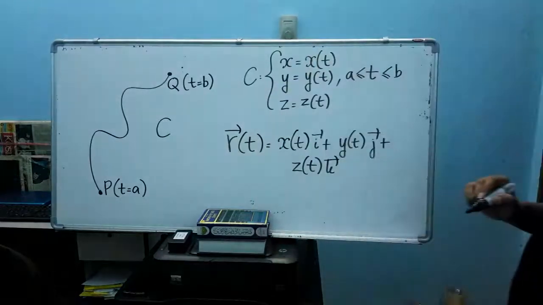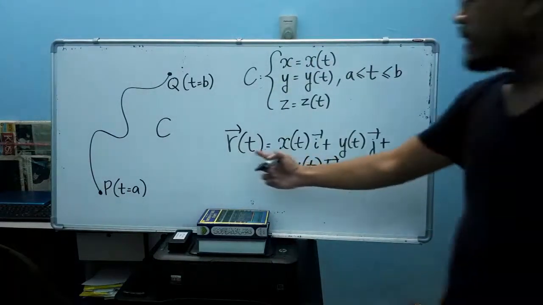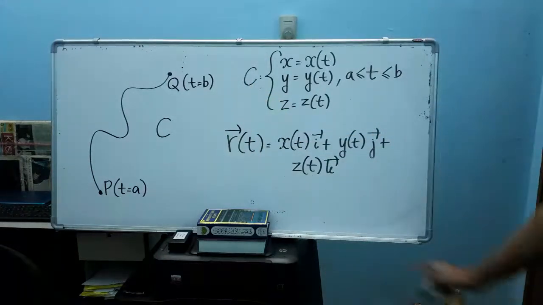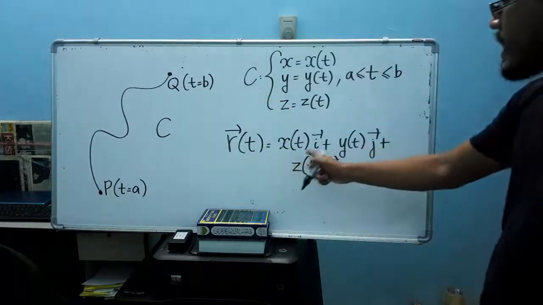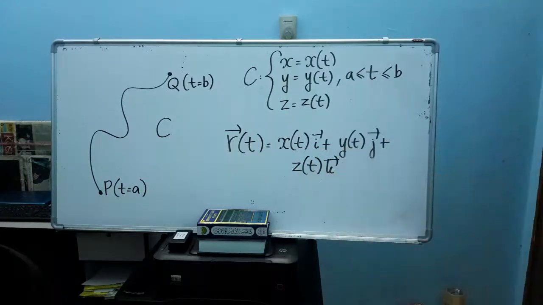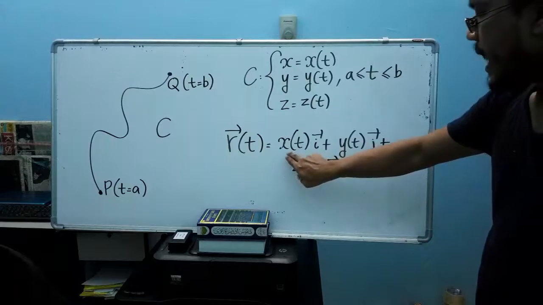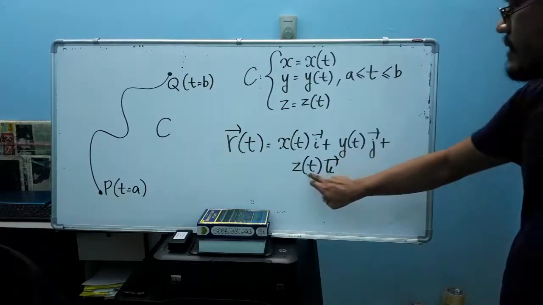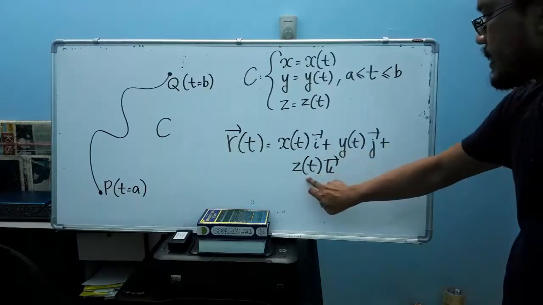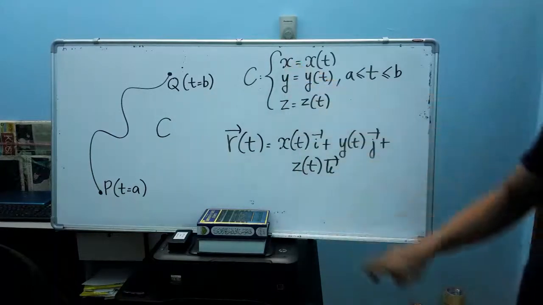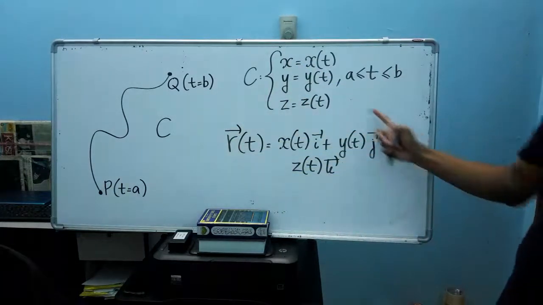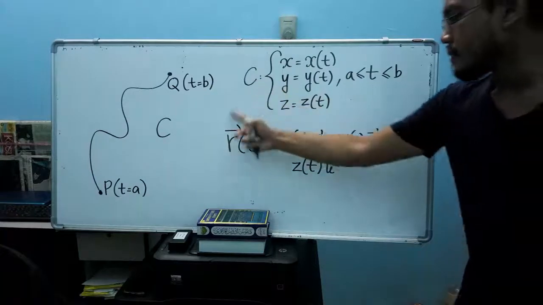So r(t) is defined on C, where r(t) equals x(t)i plus y(t)j plus z(t)k, and x(t), y(t) and z(t) come from the parametric equation of C. Therefore, we can define our vector valued function on C in this form.